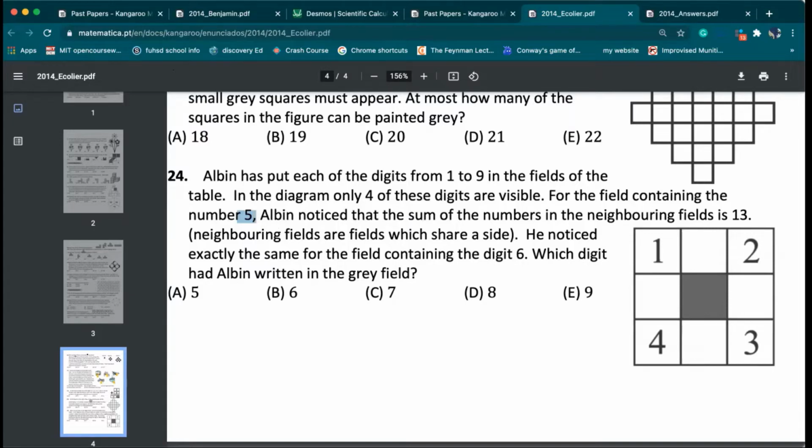For each of those, the neighboring numbers sum to 13. So let's see if we can figure this out. Let's first take 5 and find all the places that we can put it. There's the left, the right, the top, the bottom, and the center. So let me draw this on a whiteboard.